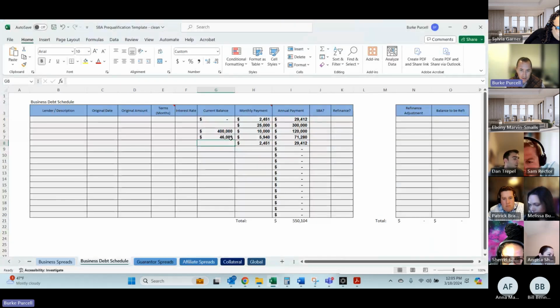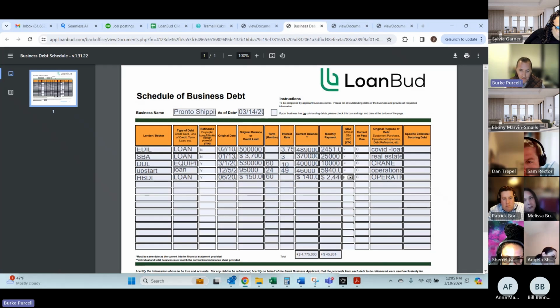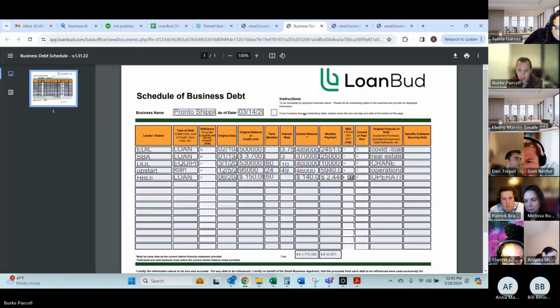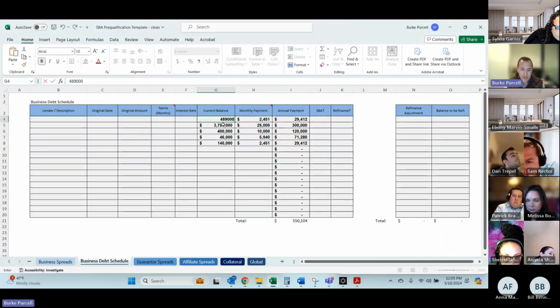And this HBDL is $140,000. I'm just putting in everything at this point. 3.7 million on an SBA loan. And then current balance on an EIDL, it's not eligible to be refinanced, 489,000.